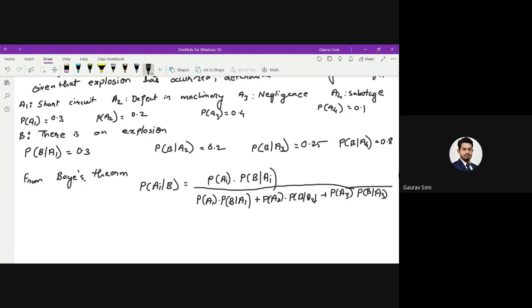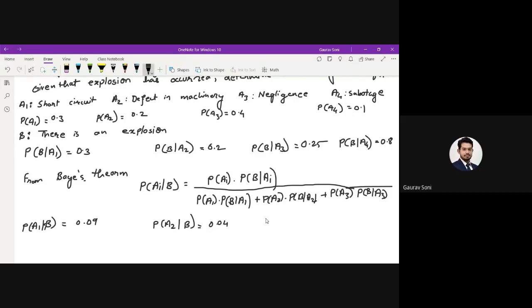Once we have all this, we have all the data. The first one, probability of A1 when B has occurred, what is the answer? If you multiply them, then we will get it. Yes, of course, we will have to multiply. The answer is 0.09. Probability of A2 when B has occurred is 0.04.